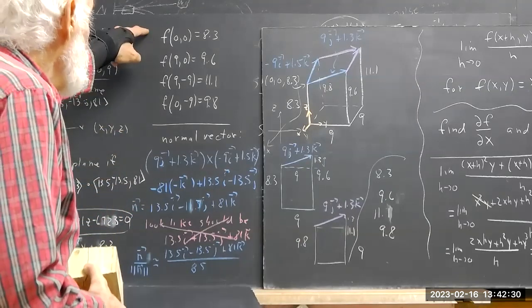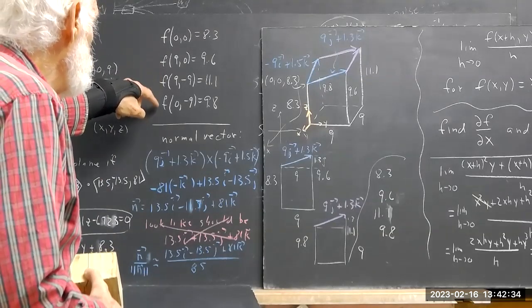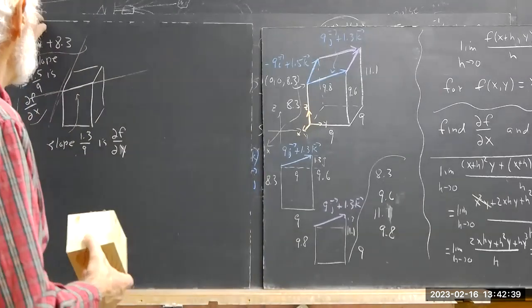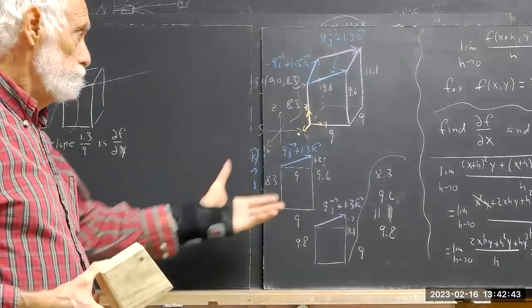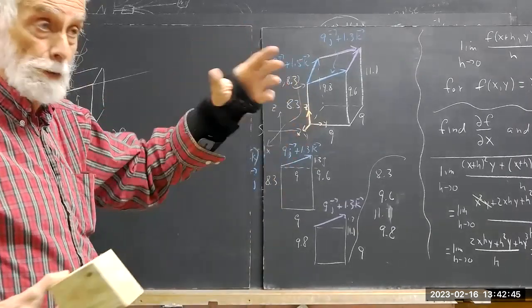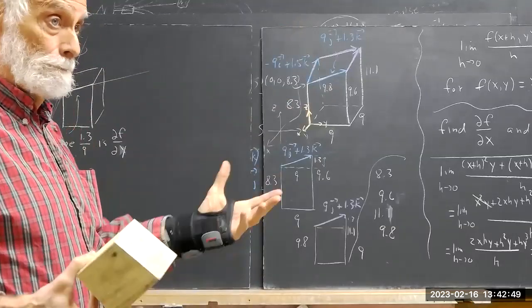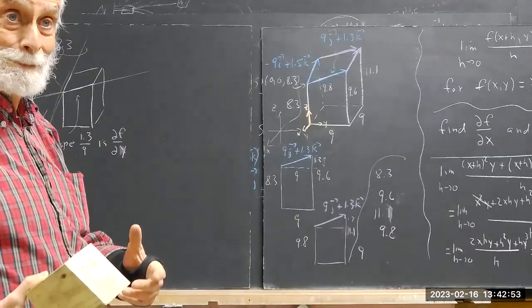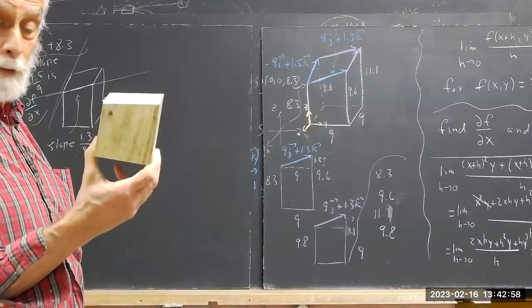The vector from here to here has to be parallel to the vector from here to here. So you can get these vectors, take their cross product, you have a normal vector, you pick any of these points, plug in, get the equation of the plane, solve for z, and that's your f of x, y. This right there we have it.